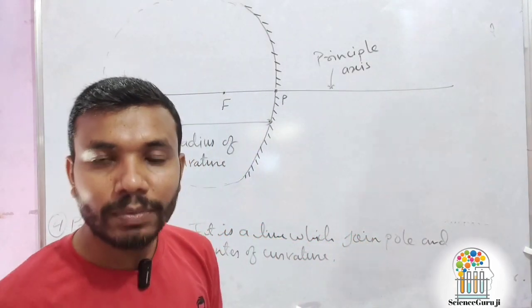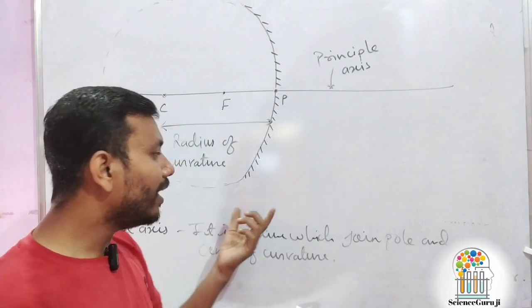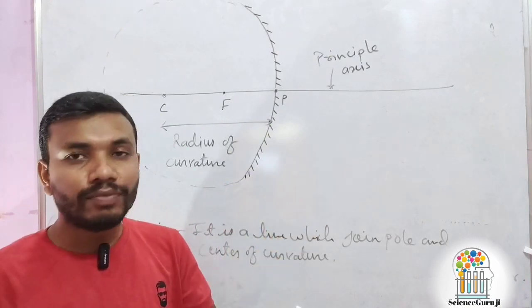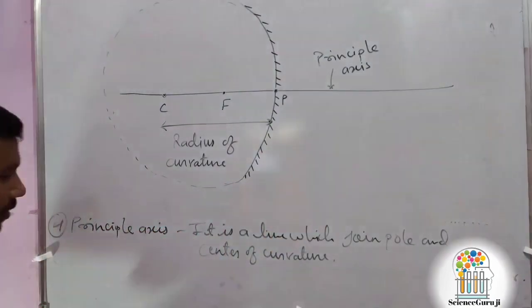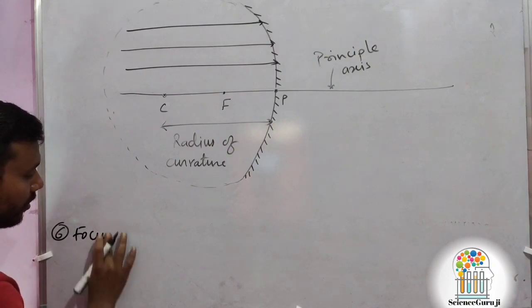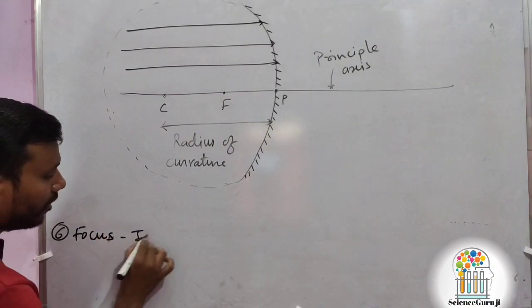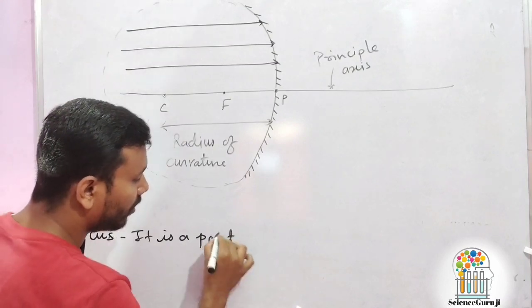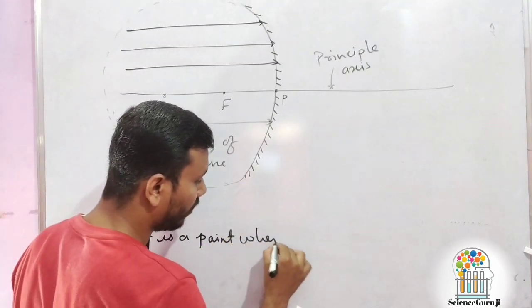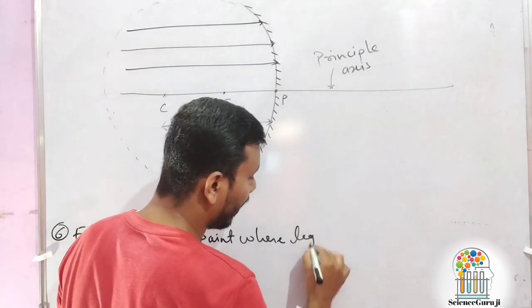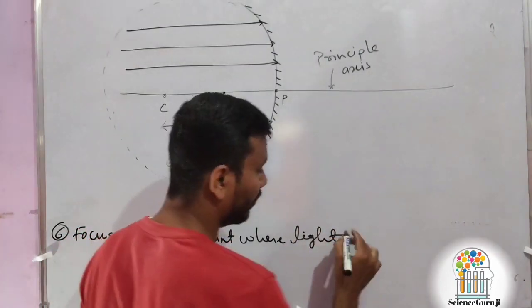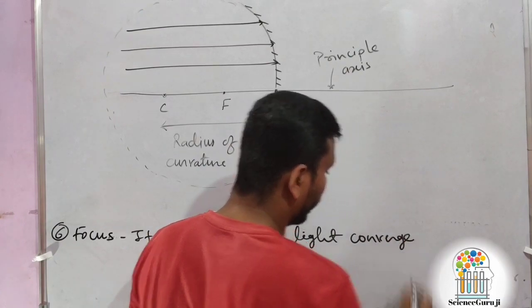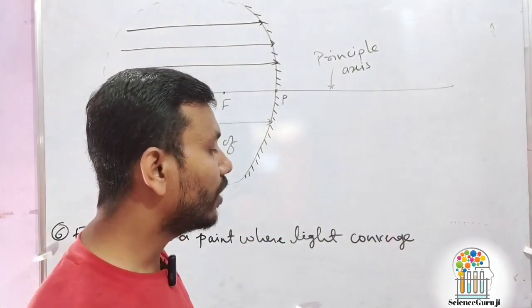For the concave mirror, the focus is always in front of it. The focus is a point where light converges.